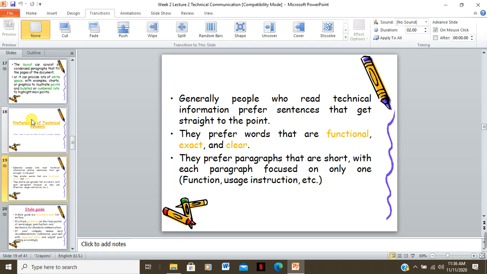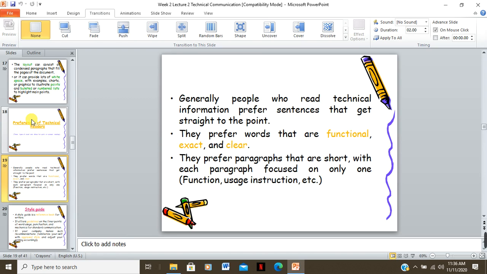They prefer short paragraphs, with each paragraph focused on only one function, usage, instruction, etc. Right? You might have learned from your teachers in previous classes that every paragraph has a topic sentence to start with, which is further explored in that paragraph, completely focused on that topic sentence.